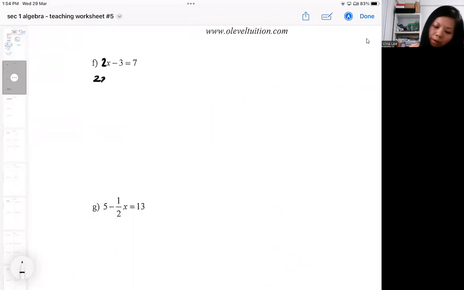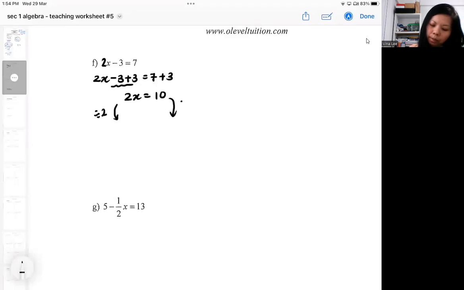So I'm going to get rid of the minus 3 first by doing a plus 3. You get rid of the numbers first. So this part is gone, and this part gives me a 10. Then I divide both sides by 2, because my objective is to get 1x. So 10 divided by 2 will give me a 5.